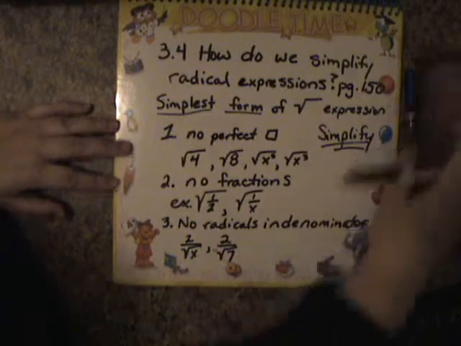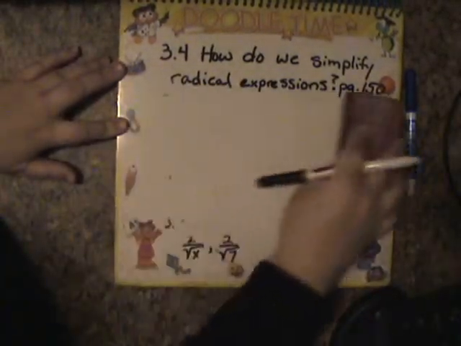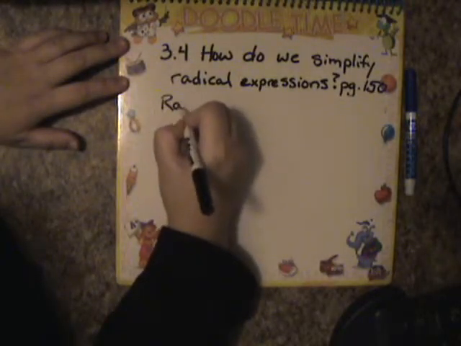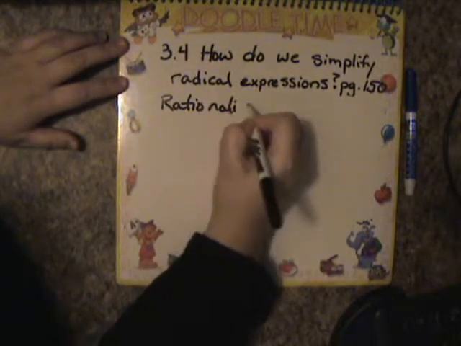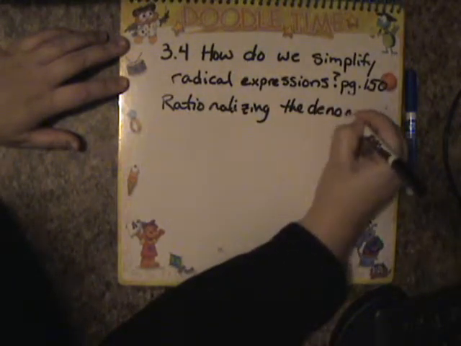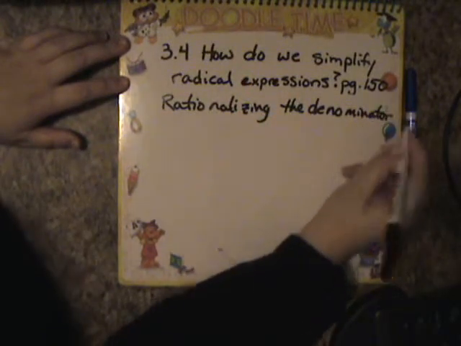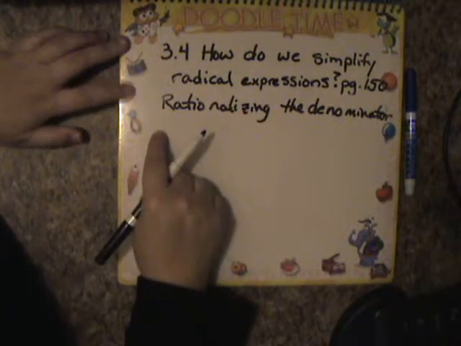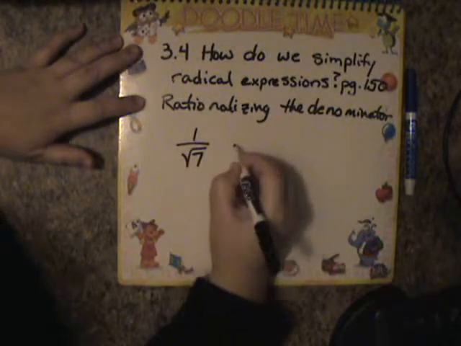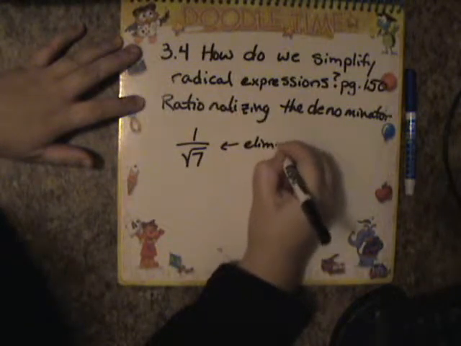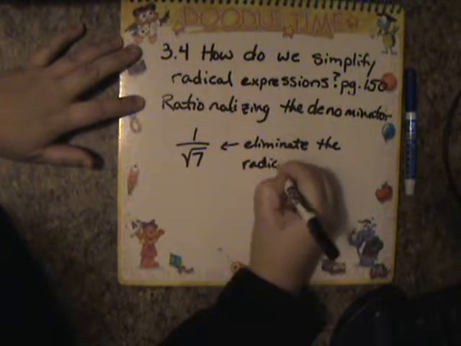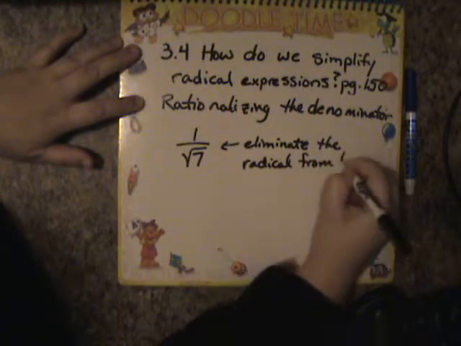Now, rationalizing the denominator. Okay? This is the process in which we get rid of the radical, like when we had 1 over the square root of 7. This eliminates the radical from the denominator.